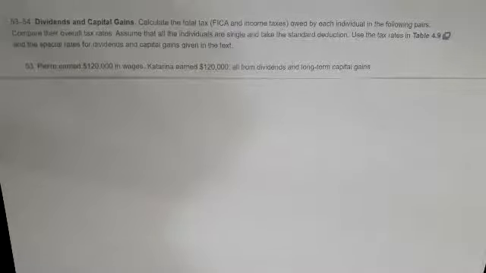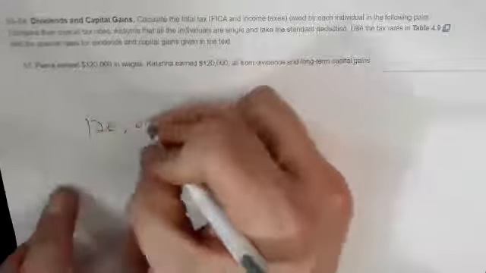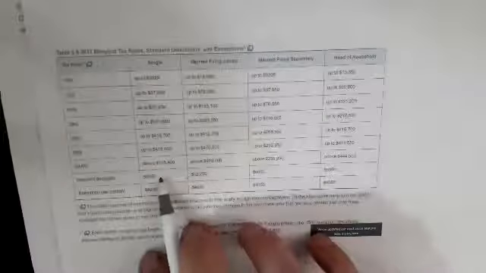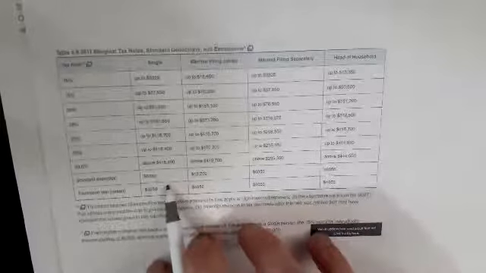All right, so we want to do Pierre, who has 120K. The first thing we typically take off is adjustments. Are there any adjustments they're giving us? It doesn't look like there are any. We take off standard exemptions and deductions. So what is his exemption and deduction here, if he is single? We're doing $6,350 for the deduction and $4,050 for the exemption.